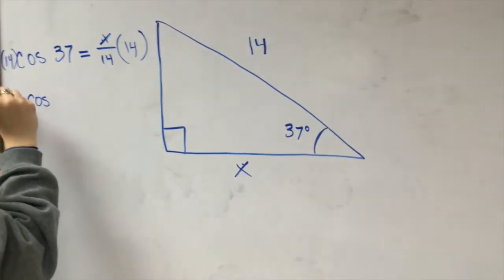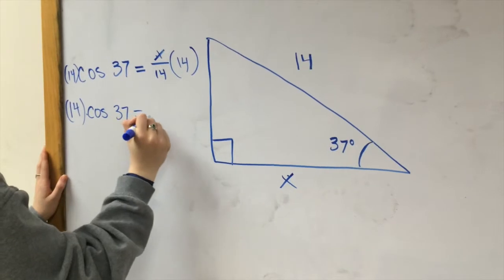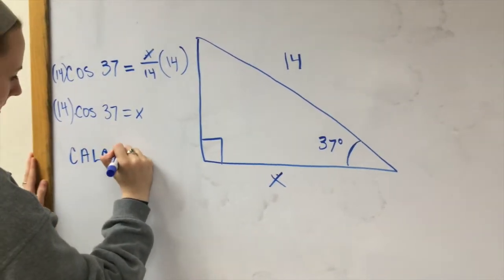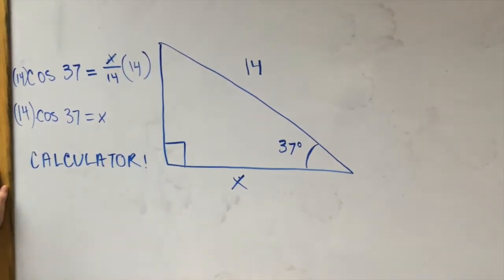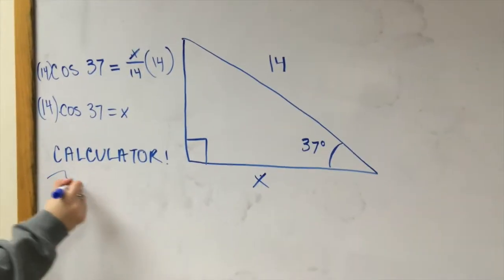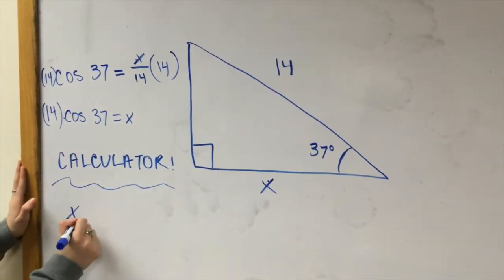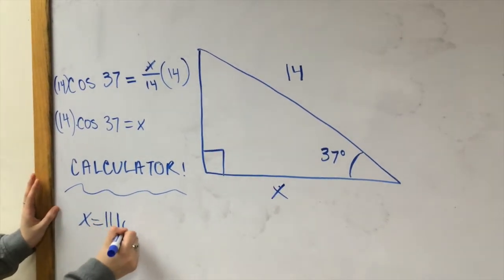And then you have 14 cosine 37 equals x. And then you use a calculator to figure out the answer. The answer is x equals 11.18.